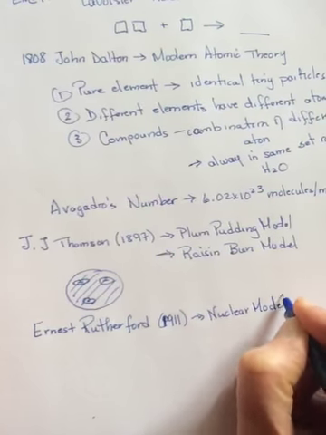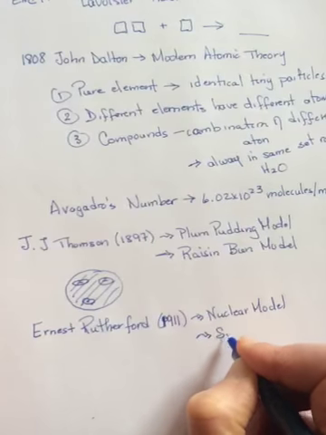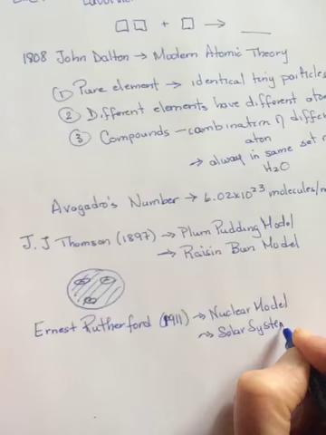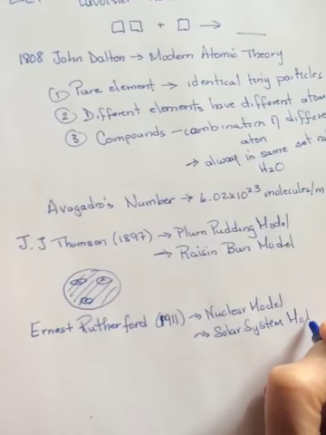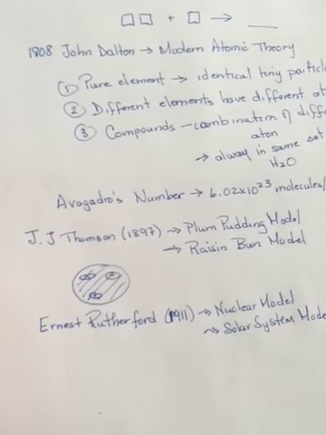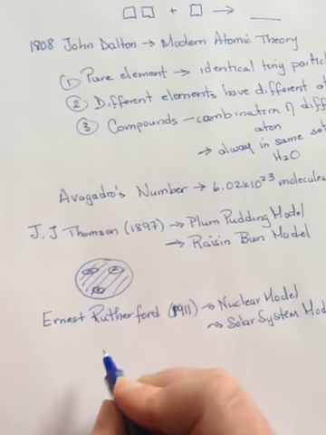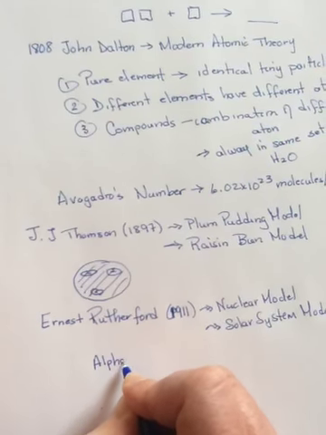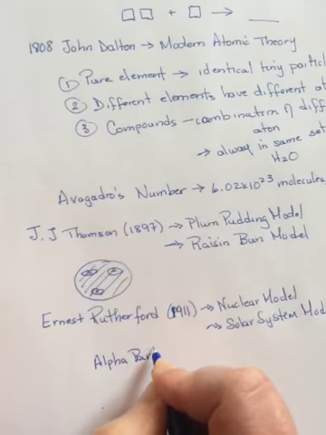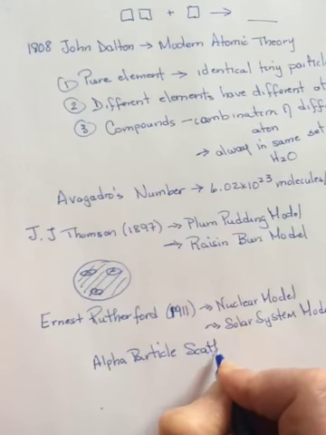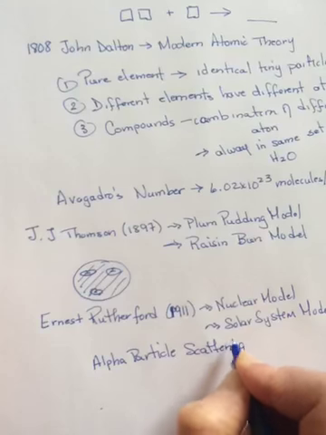You probably know it as the solar system model. And Rutherford did what is now a very famous experiment. It's called the alpha particle scattering experiment.